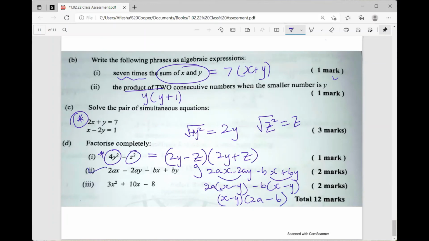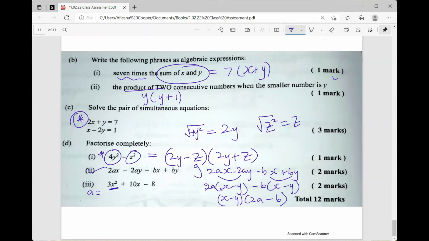Now, the third one, what type of factorizing is this? The one with the ABC. Correct. Quadratic factorizing. What's A? No, 10. So A is the coefficient of the x squared.